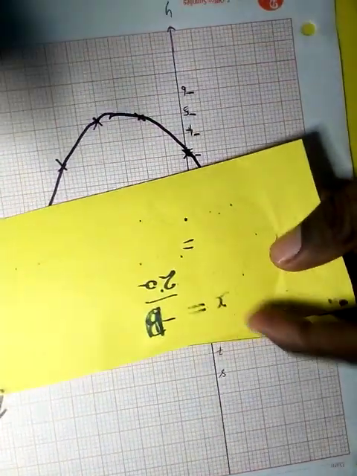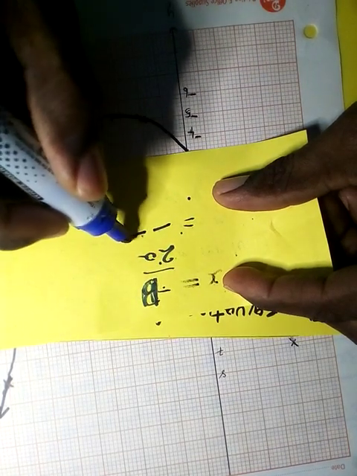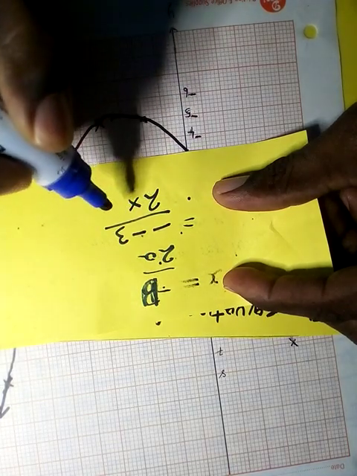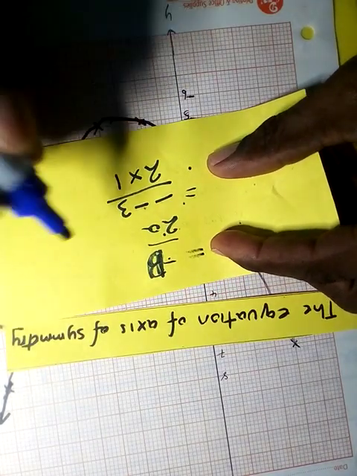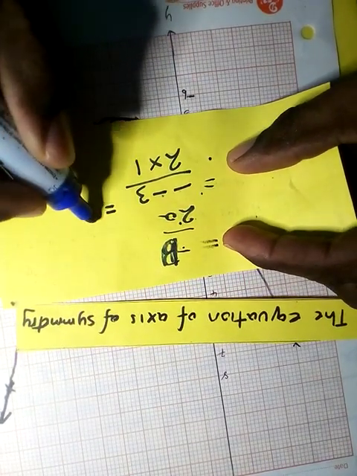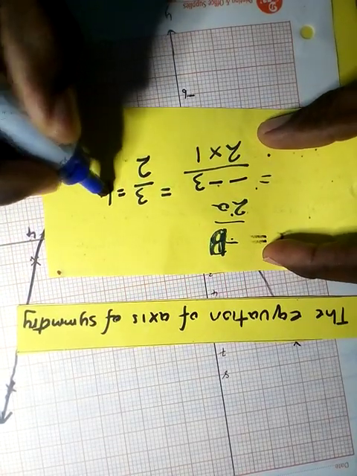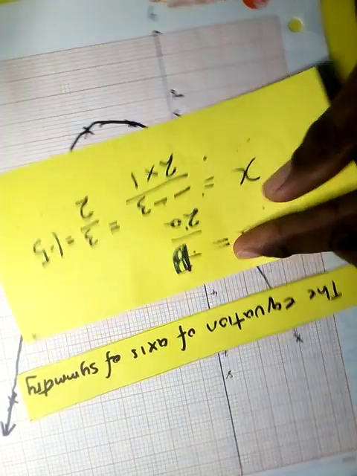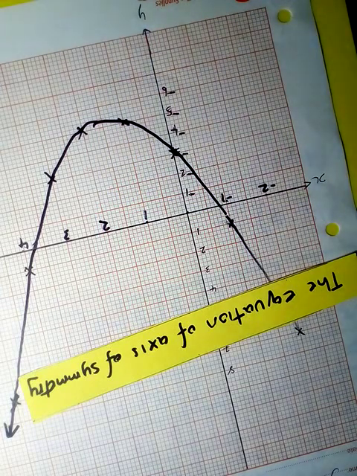So based on the function, we'd have minus, because it was already in the formula, minus negative 3 divided by 2 times a. What is a? For the function, a was 1. So you will end up with positive 3 over 2, which gives you 1.5. So x equal 1.5 would be the equation of the axis of symmetry. Thank you.